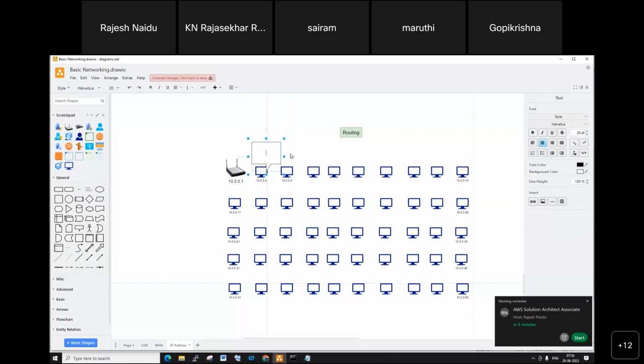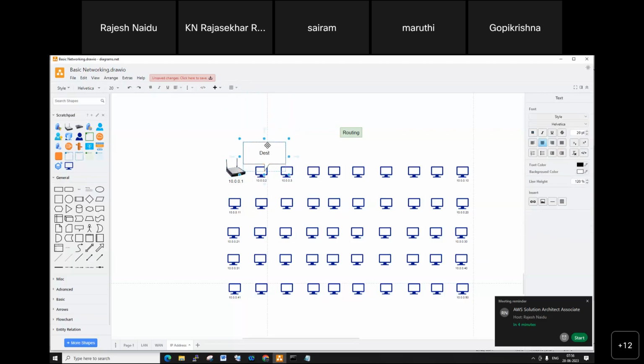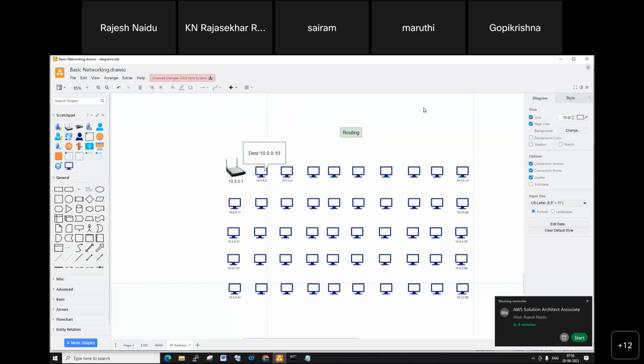So what is the destination? 10.0.0.10. So when you want to go to the destination, the system is already connected to some network. Yes or no?